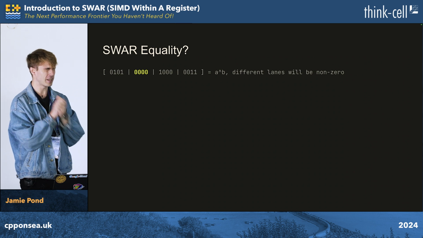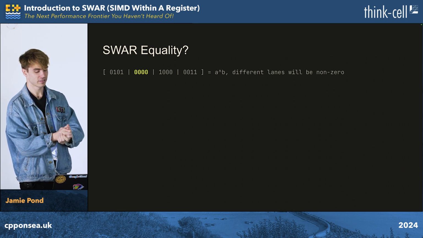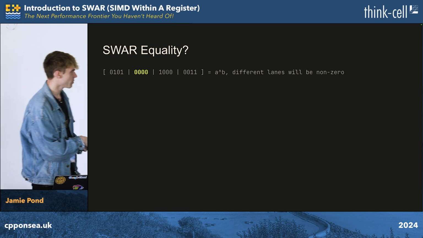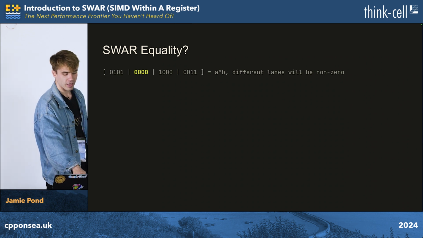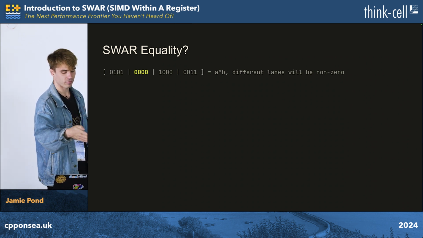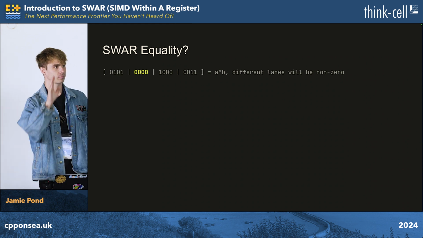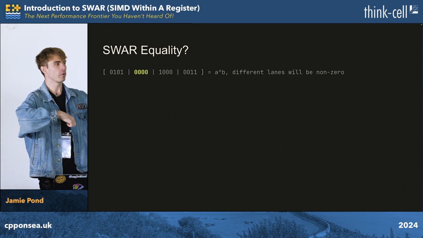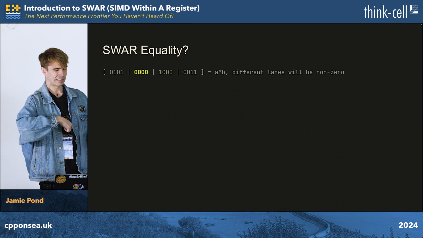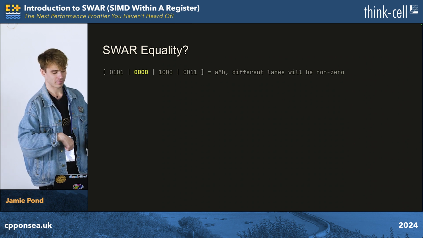So this is where we need to be aware of the lanes. Hopefully what you can see is if we subtract 1 from each of the lanes, we'll borrow from the lane above.